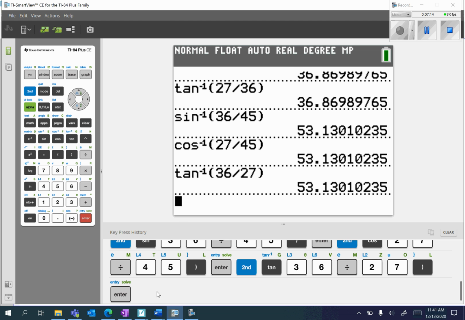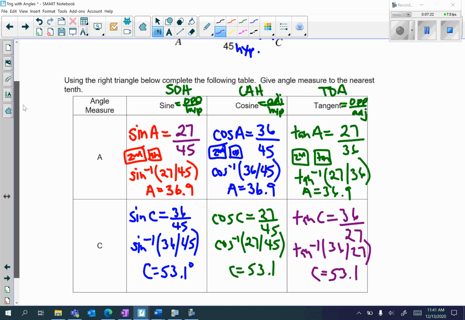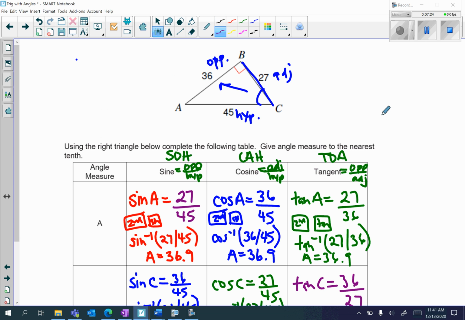And again, we get 53.1. So again, when you're trying to find missing angles of a right triangle, make sure you put the second in your calculator before you put your trig ratio.